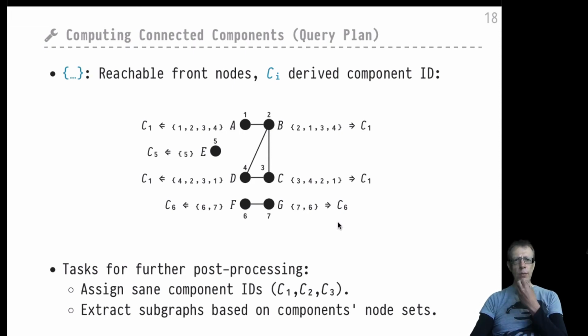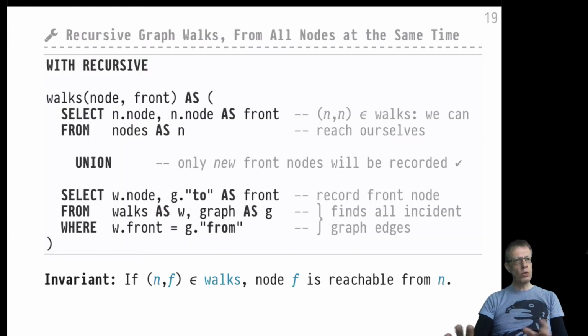So I think it's time already to look at the SQL code that we could use for that. And of course, it will be a recursive common table expression with union-based, set-based semantics. There it is. All of this easily fits on a single slide, or maybe on two thirds of the slide. I think it's a rather beautiful implementation that performs parallel graph walks.